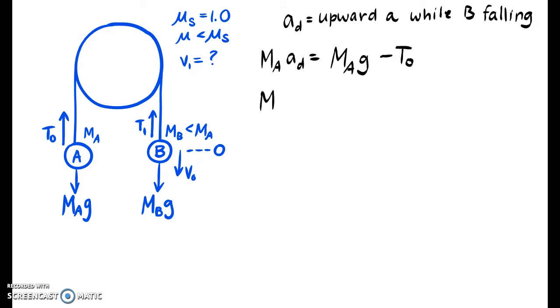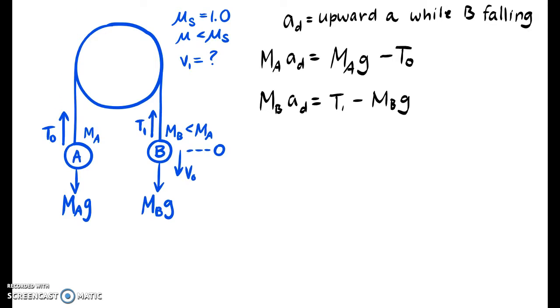We also have the net force for object B. In this case, object B's net acceleration is upward, so we follow the signs to have T1 minus mb times g. Since the tension force is pulling upward, which is its net acceleration on B, while the force of gravity is acting in the opposite direction, so T1 and the force of gravity on B have opposite signs.